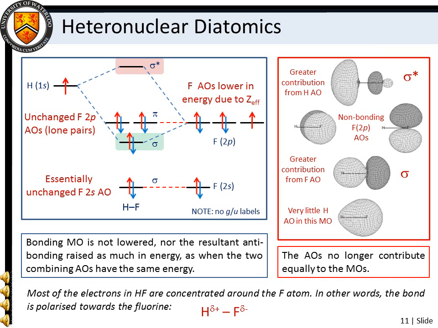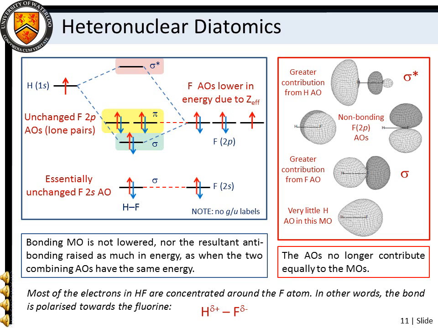In other words, the wave function overlap is zero. When two functions have zero overlap, they are said to be orthogonal. Owing to the orthogonality of the 1s hydrogen atomic orbital and the fluorine 2px and 2py, the resulting MOs arise from the unchanged fluorine 2px and 2py atomic orbitals. These MOs are said to be non-bonding.